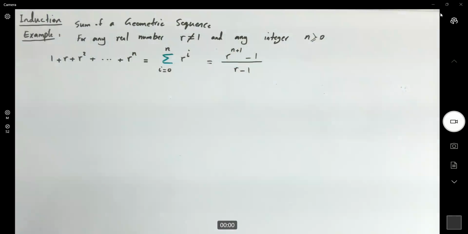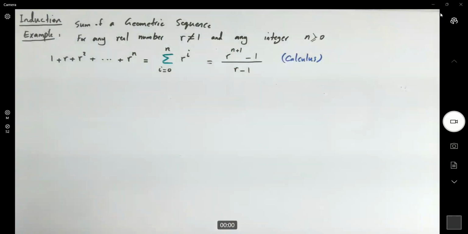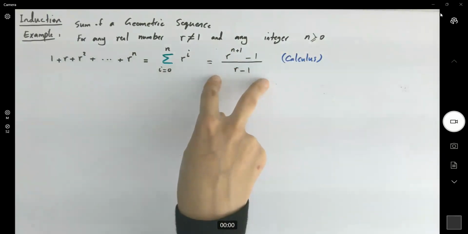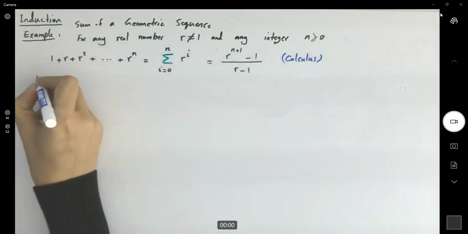This is a formula that you saw in calculus. You used it a lot. Now we're going to see the proof. Why the left-hand side is equal to the right-hand side, by the method of induction. Let us prove it.